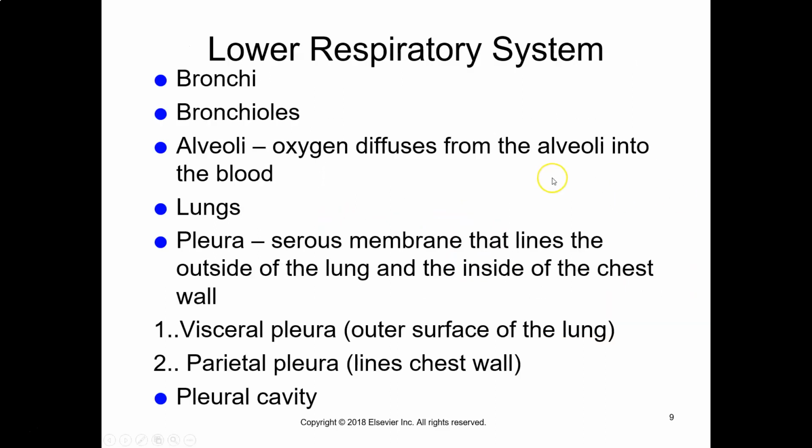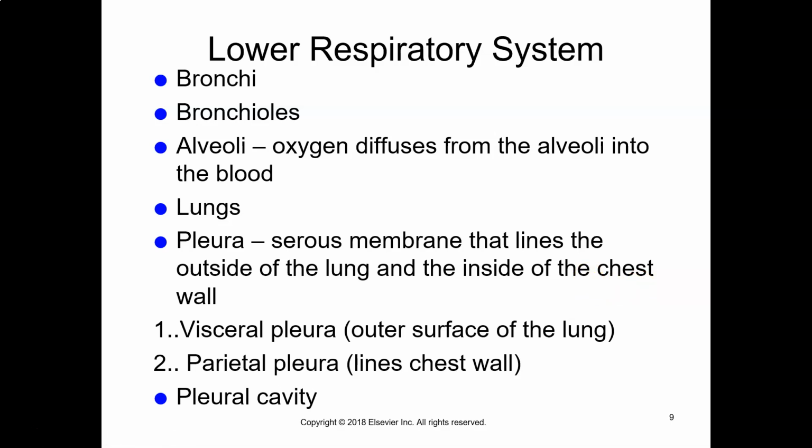The lower respiratory system is the bronchi, the bronchioles, the alveoli, and oxygen diffuses from the alveoli into the blood. These are the little alveoli that are inside of the lungs. And the pleura is a serous membrane that lines the outside of the lung and the inside of the chest wall. I think that is on your blueprint.